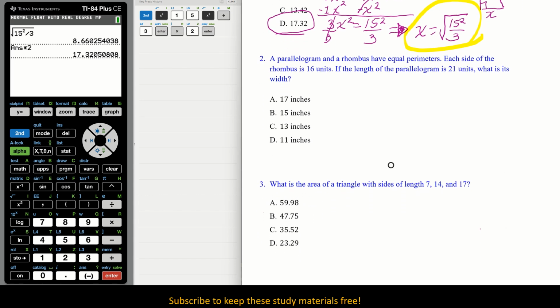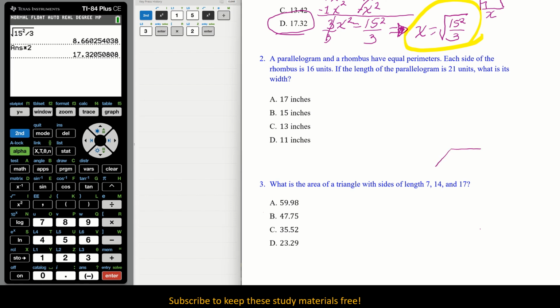Anyway, number 2. A parallelogram and a rhombus have equal perimeters. Each side of the rhombus is 16. If the length of the parallelogram is 21 units, what is the width? Okay, let's just quickly draw that out.